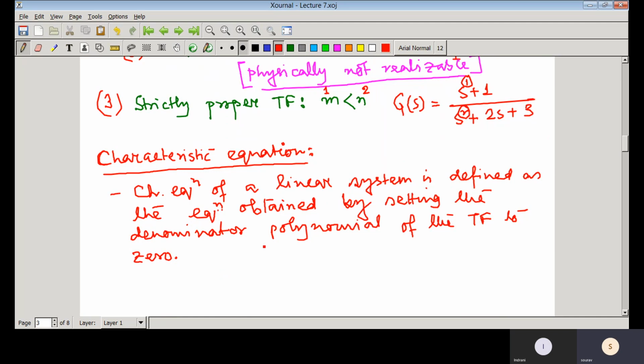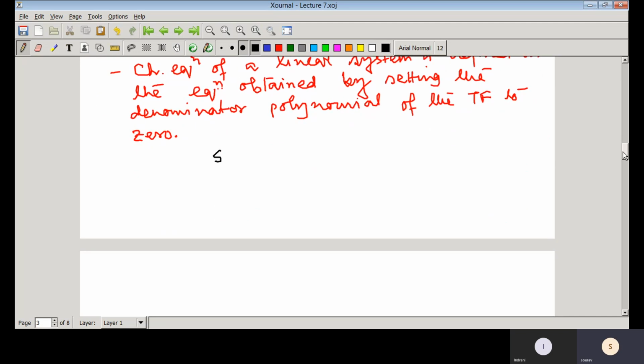So here the denominator polynomial is s^n + a_{n-1}s^{n-1} + ... + a_1 s + a_0 = 0. So this is actually the characteristic equation.